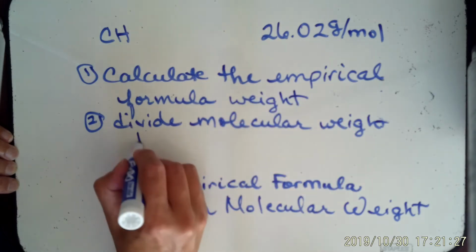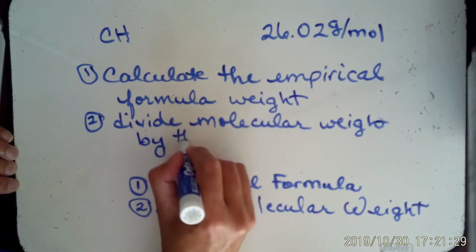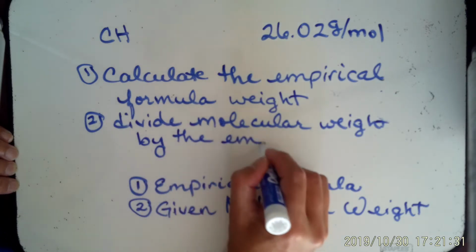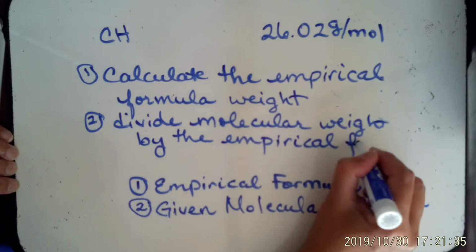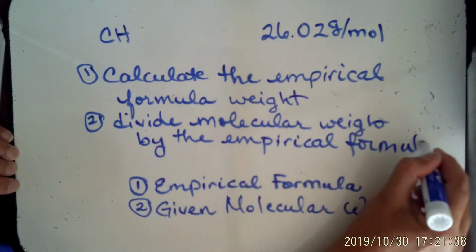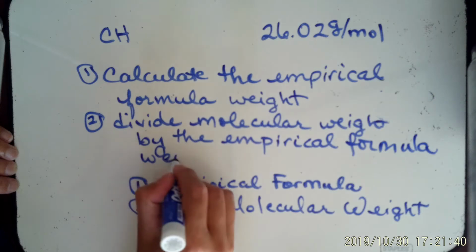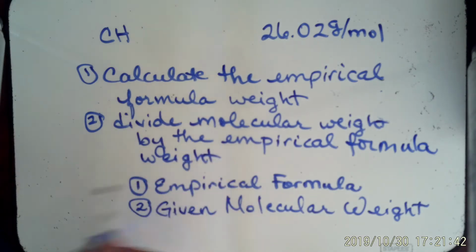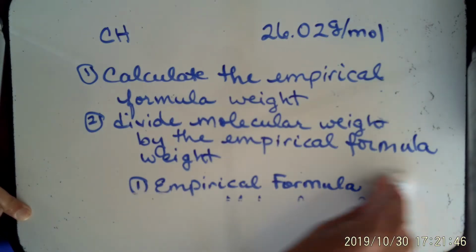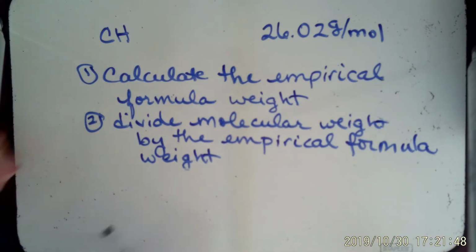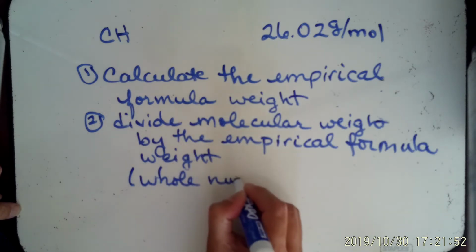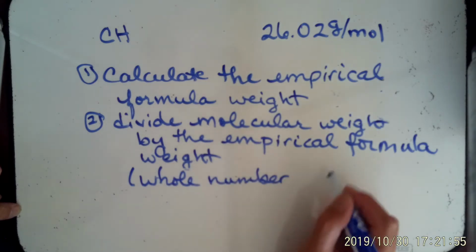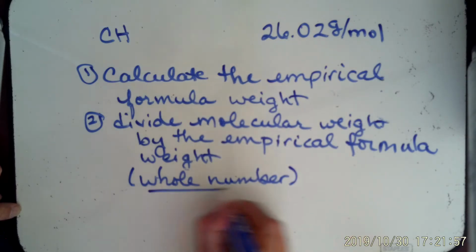The molecular weight by the empirical formula weight. And this should be a whole number. So if you don't have a whole number, then you're going to need to recheck it.